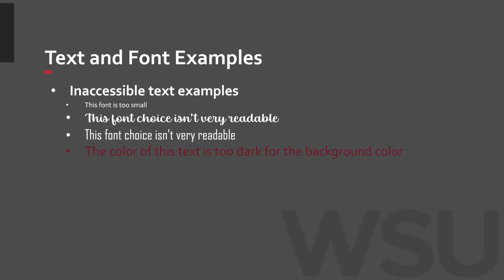The fourth bullet point is very difficult to read. It's dark red font on a dark gray background, and it says the color of this text is too dark for the background color. If you use a color contrast checker, which I will demonstrate towards the end, you will see that the color contrast does not meet the requirements.